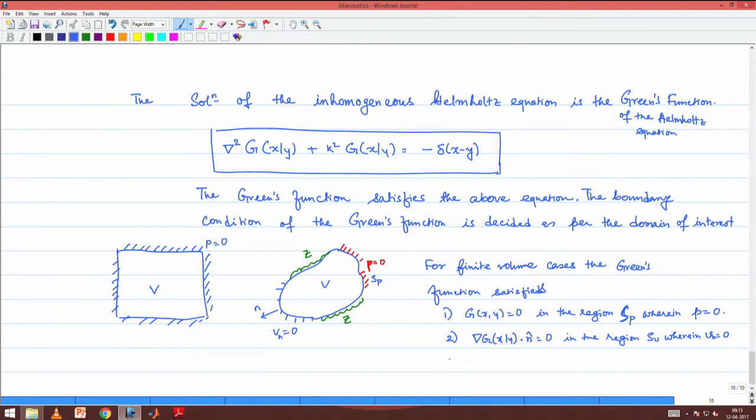And in some other regions, it is only the impedance which is specified, neither the pressure nor the velocity, but the pressure by velocity ratio, which gets specified due to the effect of an absorbing boundary condition, let us say.